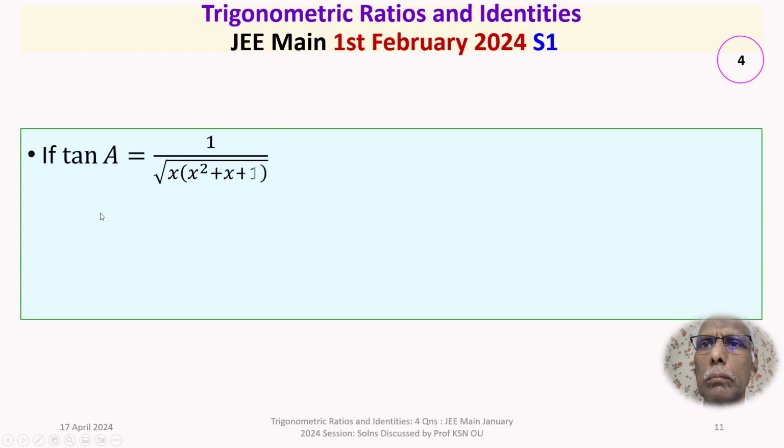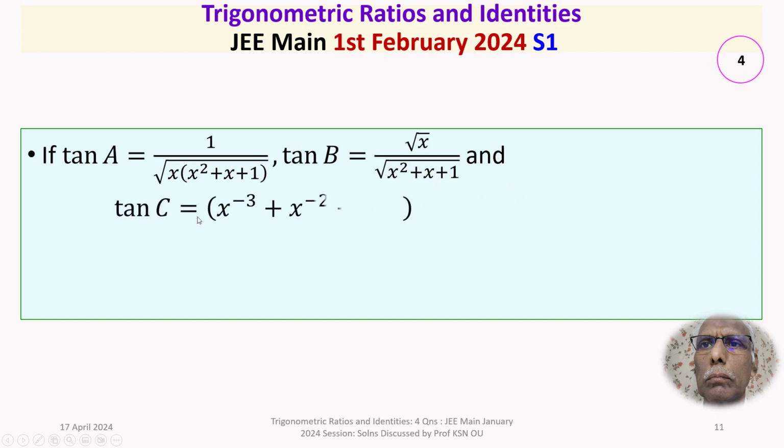The given question is: if tan A is 1 by root of x multiplied by x square plus x plus 1, tan B is root x by the square root of x square plus x plus 1, and tan C is in brackets x to the power of minus 3 plus x to the power of minus 2 plus x to the power of minus 1, whole to the power of 1 by 2, where A, B, C are less than pi by 2.